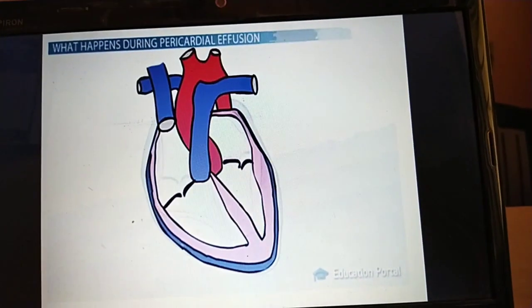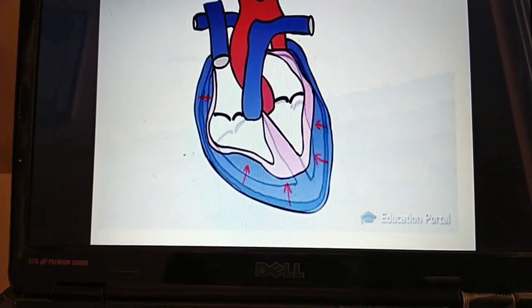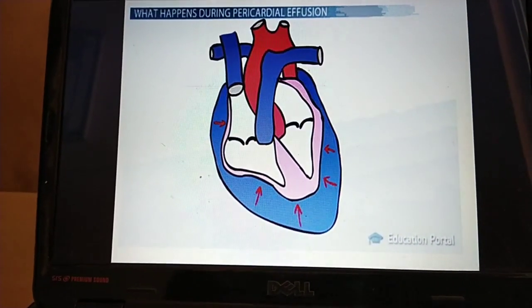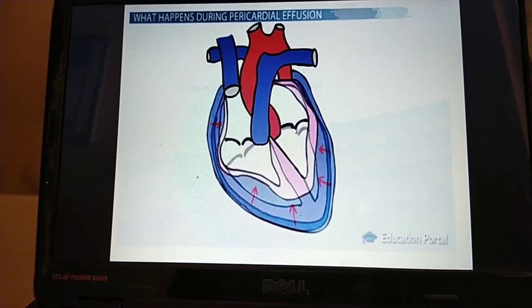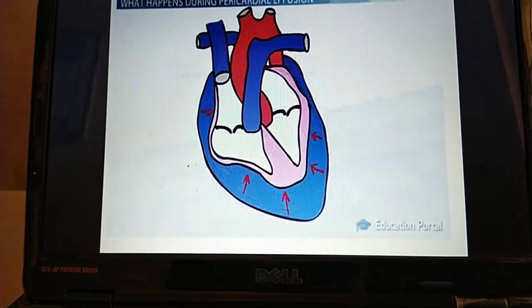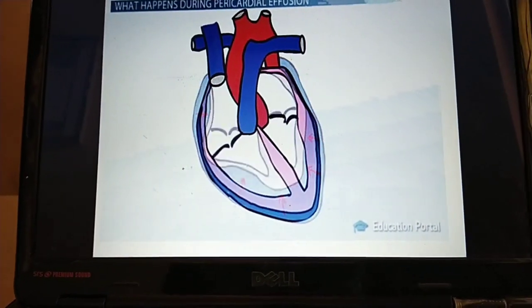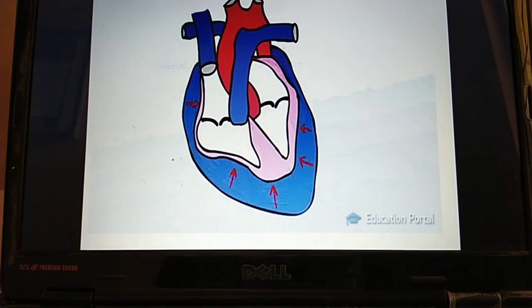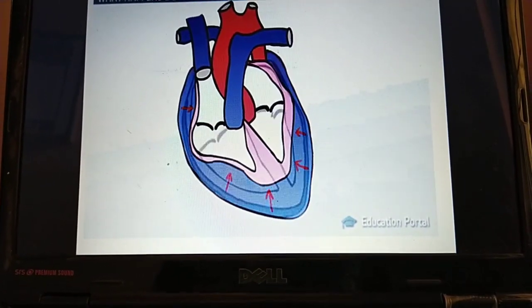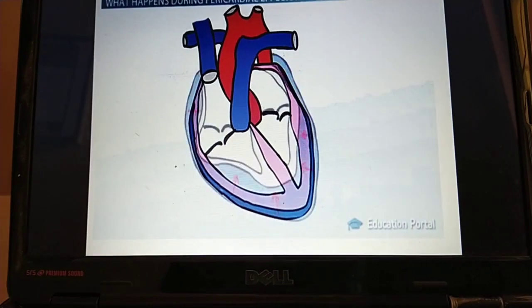The main function of the pericardium is this: the parietal pericardium is fixed. Because of that, the pericardium restricts the excessive movements of the heart.